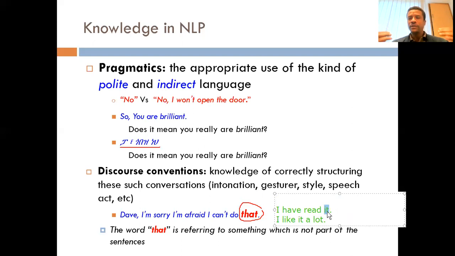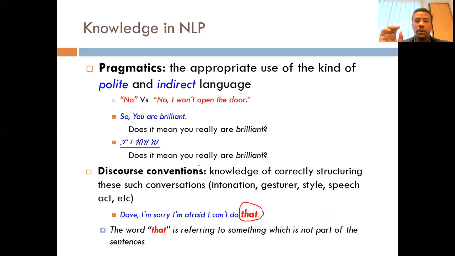So sometimes to understand the context or to understand words, you might look into the previous sentence, the previous phrase. And this is what we call discourse. Discourse is higher than a word, higher than a phrase, higher than a sentence. So you have to understand the topic of conversation to give meaning to some part of the sentence. And doing such kind of analysis is what we call discourse analysis.